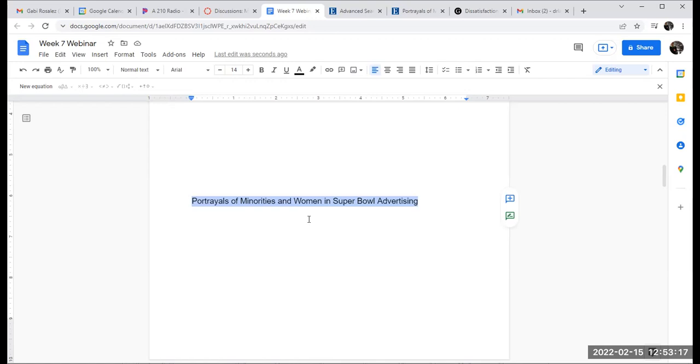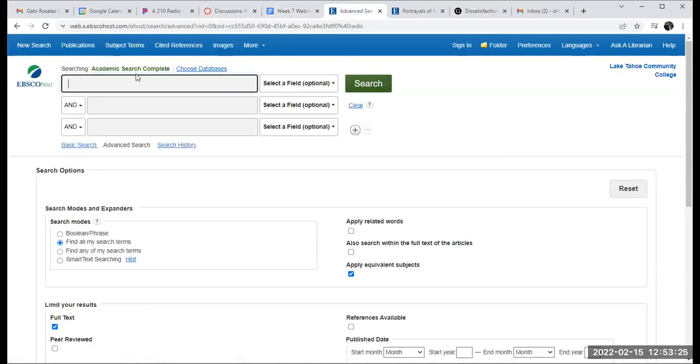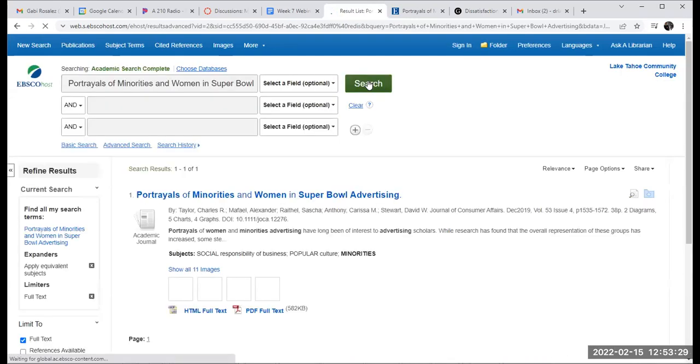So if I write portrayals of minorities and women in Super Bowl advertising, and I put it in there and I hit search, then there it is. Okay. And there was only one article with that title. Okay. But if you want to search for things about Super Bowl, you just type Super Bowl and look for an article that works.